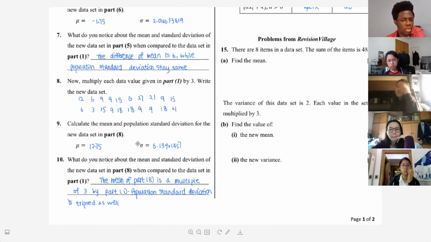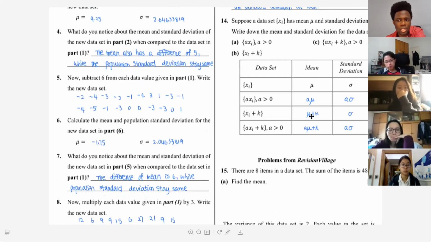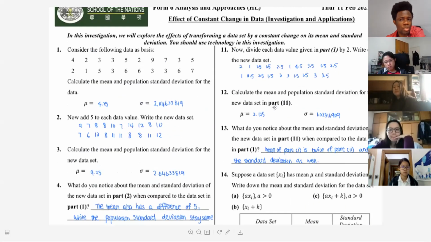Then when you multiply, you realize the mean is multiplied and the standard deviation is also multiplied by 3. And that is the summary here, the second line. When each set of data is multiplied by A, the mean is multiplied by A, the sigma is also multiplied by A. And when you divide, which is like multiplying by half, you realize the same thing.